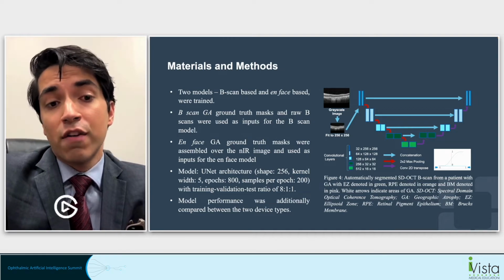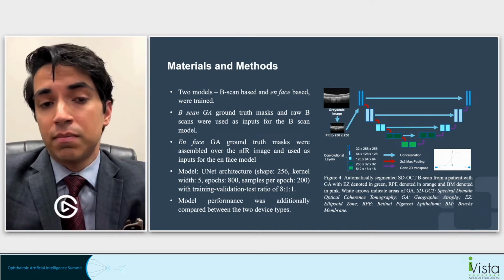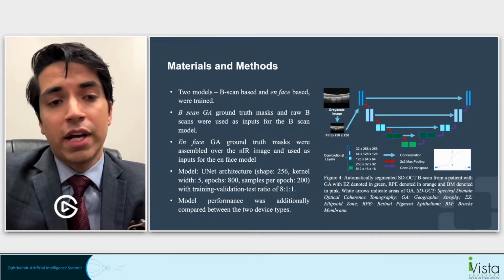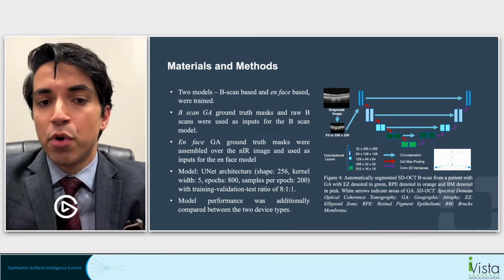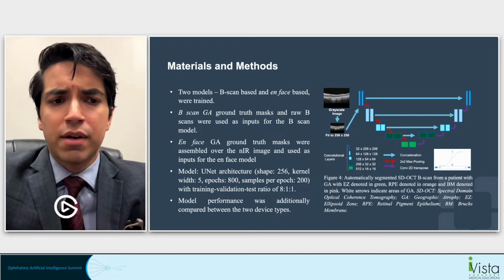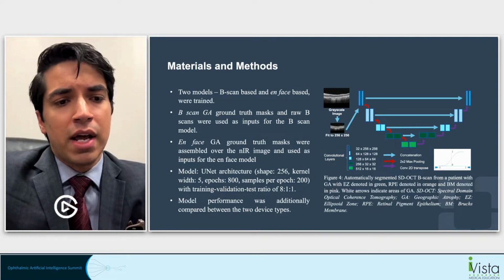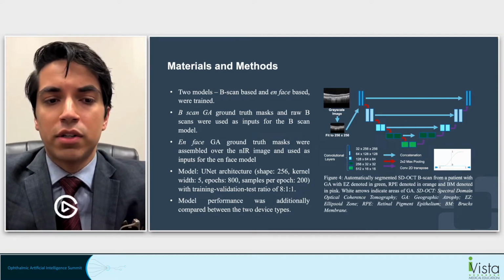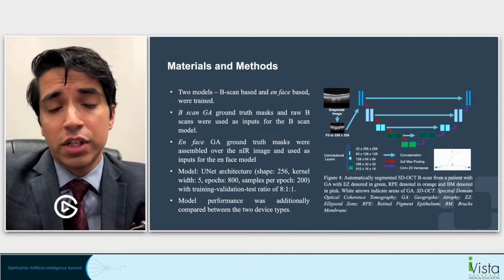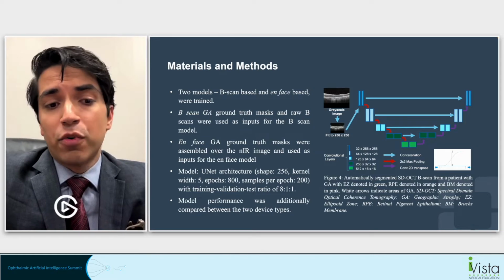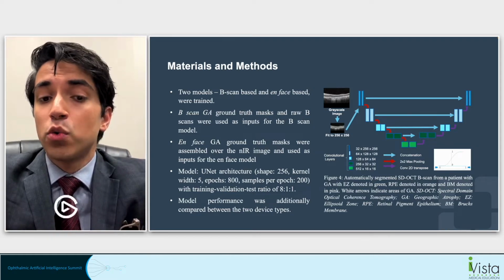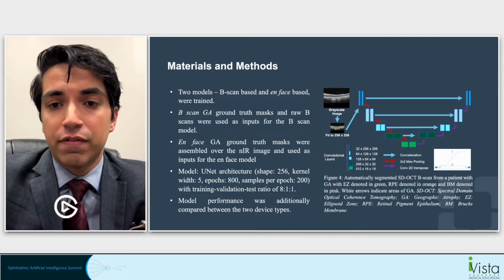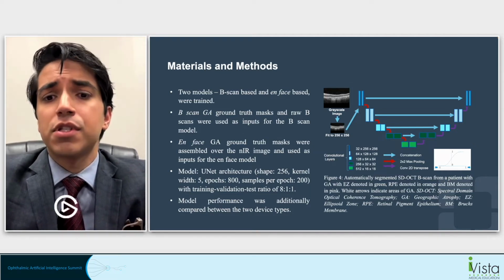The other was an en face based model, which used the compilation of those masks over the whole volume and looked at an en face raw image as an input. This was fed into a UNet architecture, and the details of the parameters for the training of the UNet are listed on the slide. The model performance was then additionally compared between the two device types included in the study, to see how the models generalized across different scanner types.